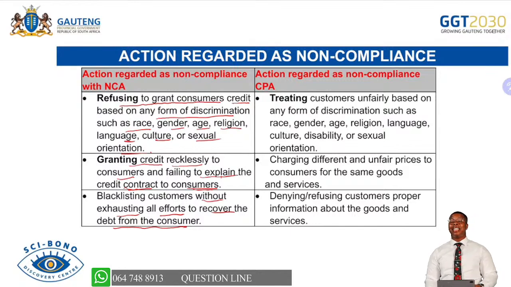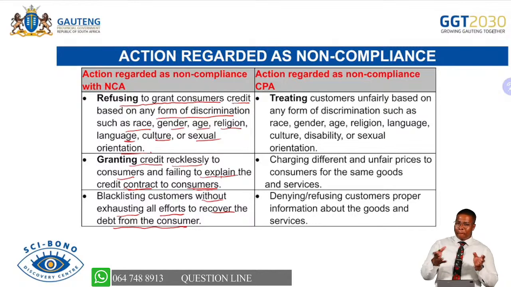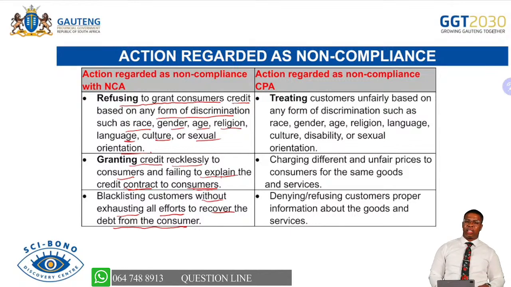The business still has to try to recover the amount that was not paid using different ways, maybe a method like a payment arrangement or other means to try to collect whatever debt. So the blacklisting is the last resort. It cannot be taken as the first strategy to deal with collecting any outstanding debts.